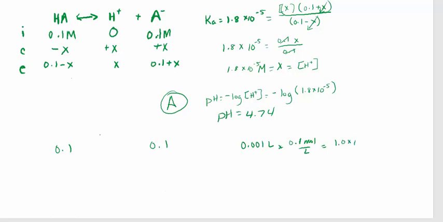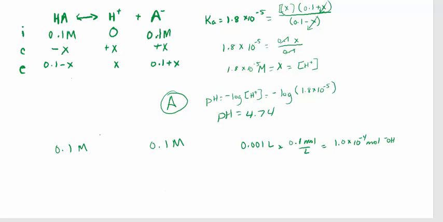Now the number of moles of base that we're using needs to be compared. Because we've been told that we have 100 milliliters of this, and this is a capital M molar, we need to convert these into moles. So 0.1 moles per liter times 100 milliliters, or 0.100 liters, is going to give me my moles.